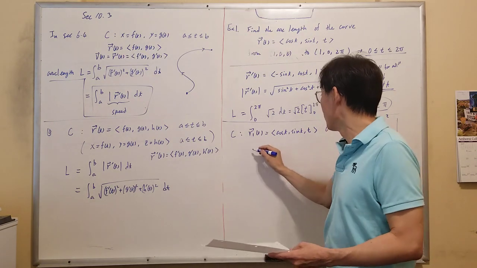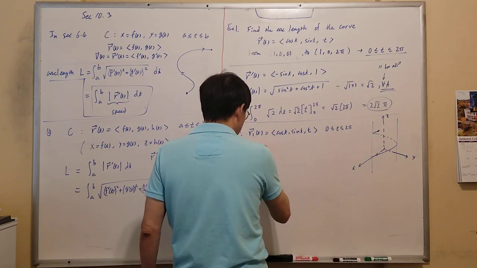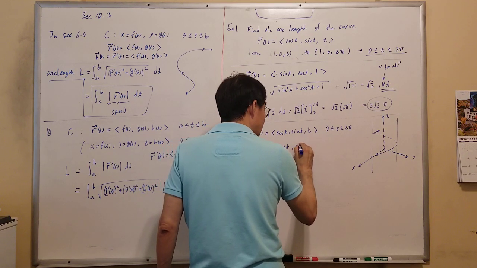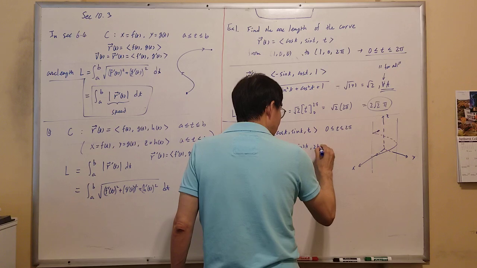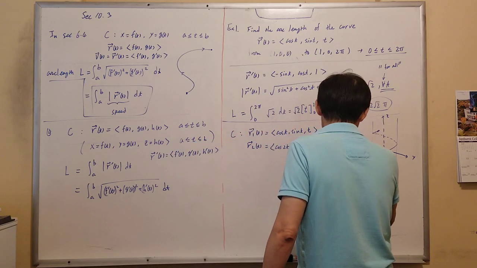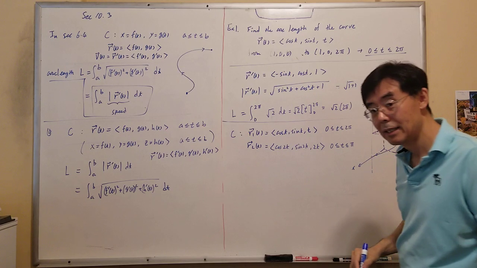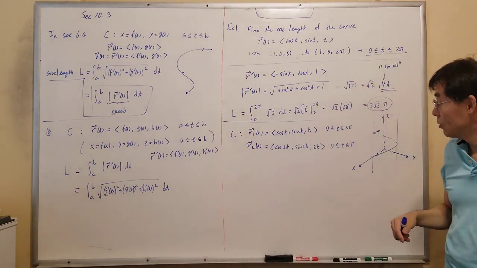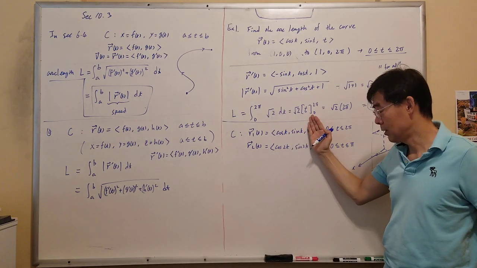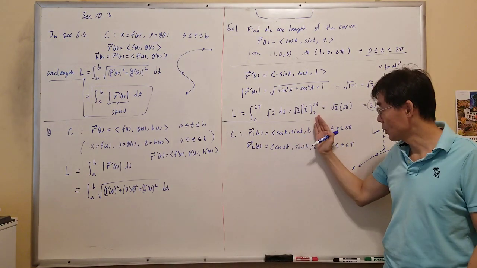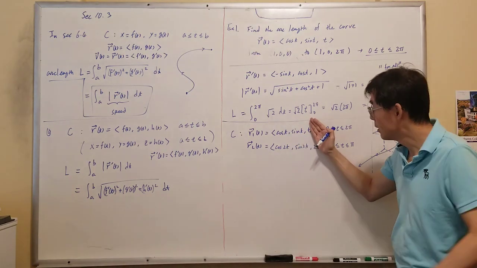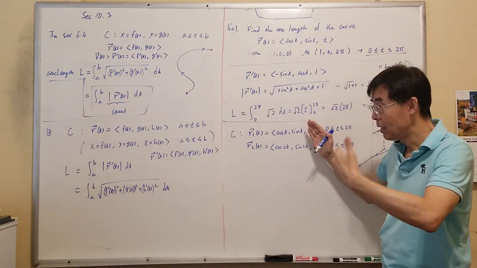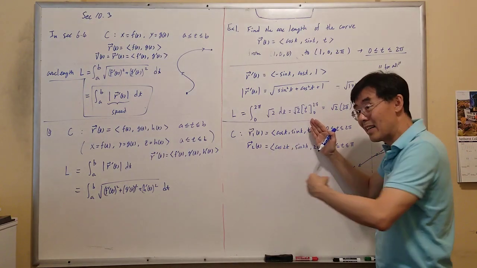What if I write it this way? R2 of t equals cosine of 2t, sine of 2t, and 2t. Then t runs from 0 to only pi. If you compare these two, in section 1.7, you learned that they cover the same circle, the unit circle. It's just that this one covers it twice as fast as this one. With 2t, your angular velocity is twice. Per given time, this covers twice the angle.